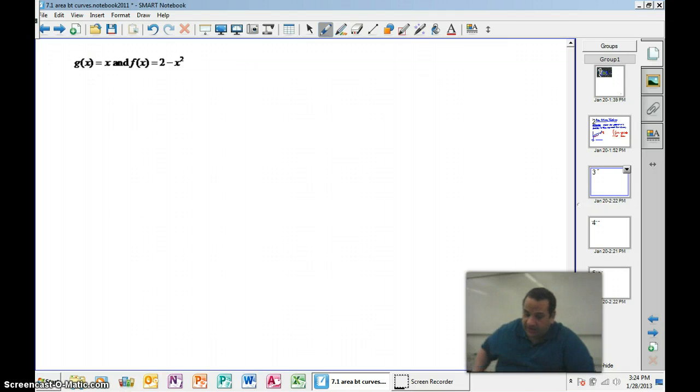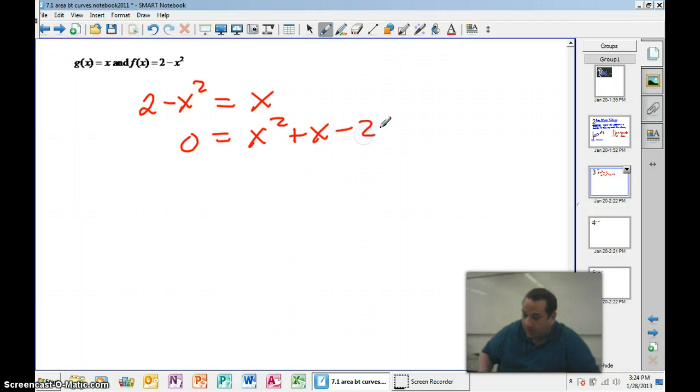We have g of x equals x and f of x equals 2 minus x squared. I don't want to just keep graphing and graphing and graphing. So what I'm going to do is find out where they meet. To find out where they meet, you set them equal to each other. So you'll get 2 minus x squared equals x. And I'll get 0 is equal to x squared plus x minus 2.